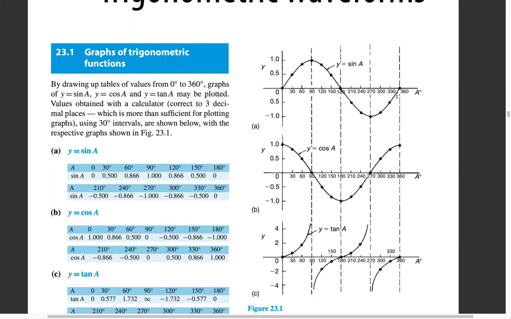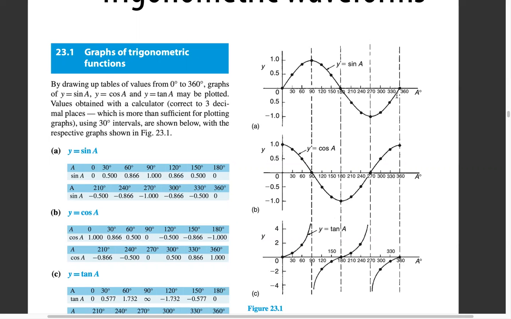Economic systems, financial systems, biological systems, electrical, mechanical, thermodynamic and fluid systems all have oscillations. And the functions that govern oscillations in mathematics are sine and cosine. That's why they're so important.